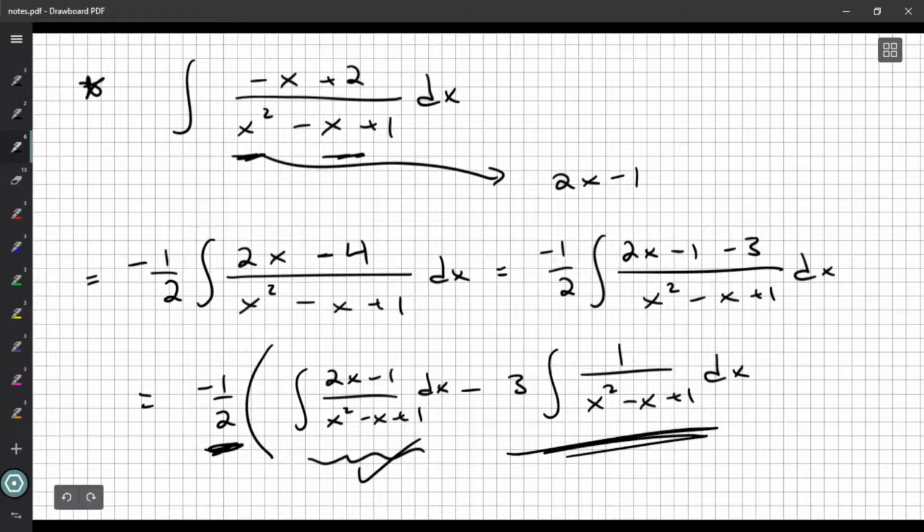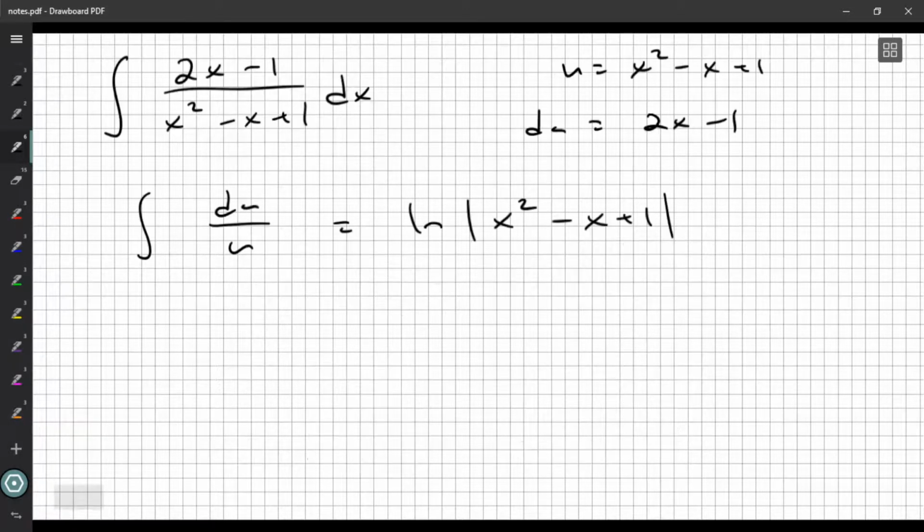Now let's focus on integrating 1 over x squared minus x plus 1. And again, if we wanted to, we could use some sort of formula. Okay, that is a good idea, because look at how much effort we're putting in, but sometimes it's good to remind ourselves how those formulas are developed, and that, you know, we don't have to memorize formulas. We're mathematicians. We can reason our way to a solution. Okay.